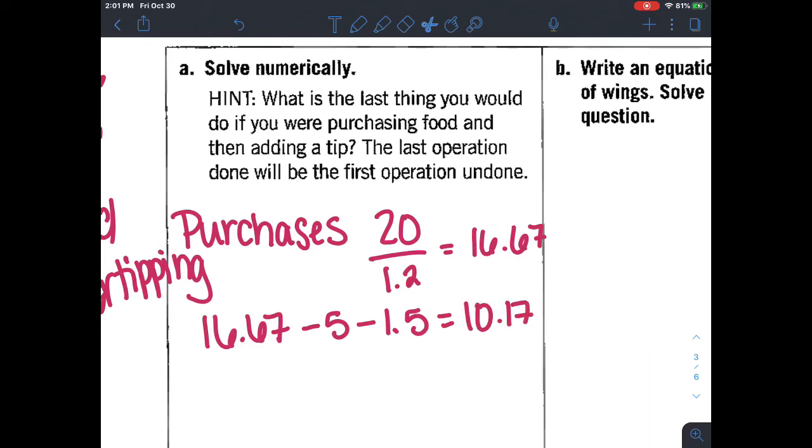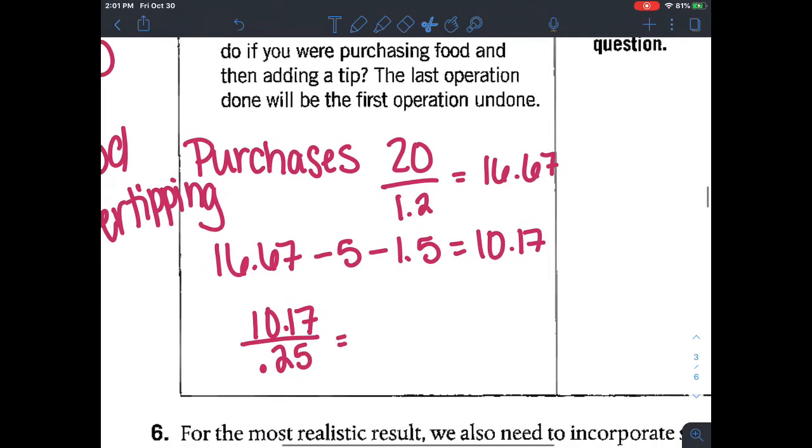And we get $10.17. Okay, and then from that $10.17, we can figure out how many wings we can buy by dividing by 25 cents still. So it's 40 wings and then a little bit left over, but we can't buy just a part of a wing. So we're going to round down to 40 wings in total.